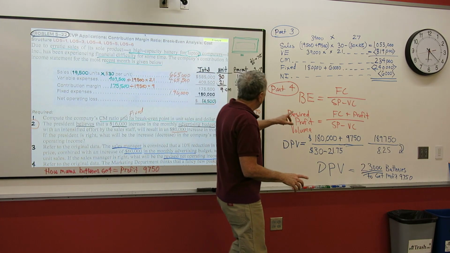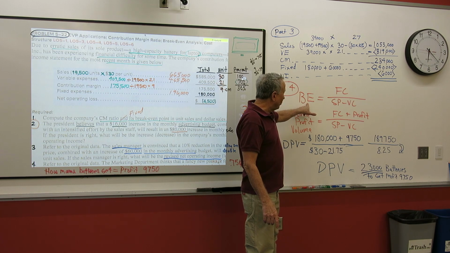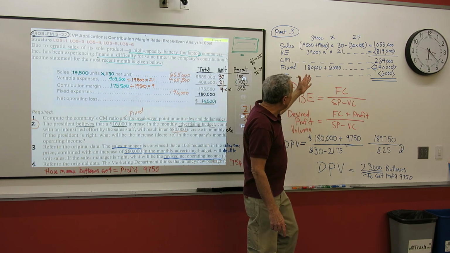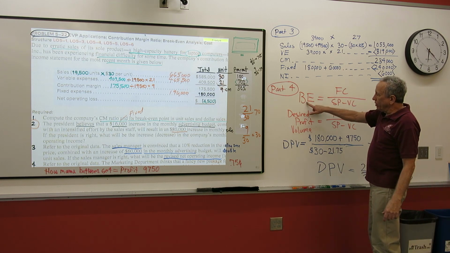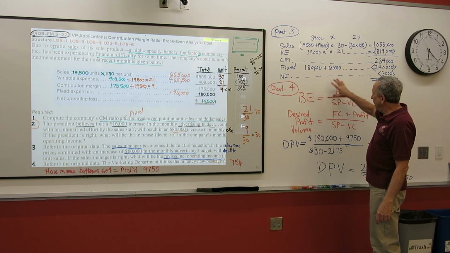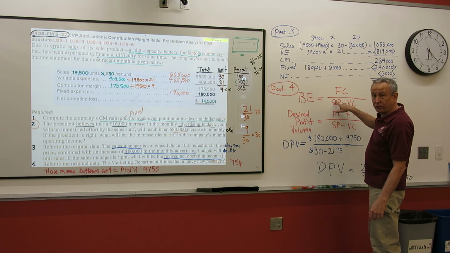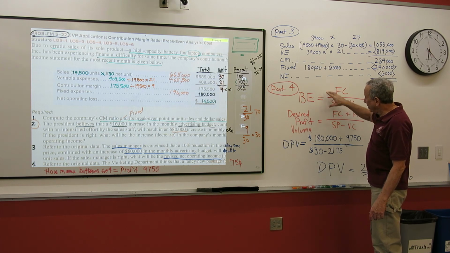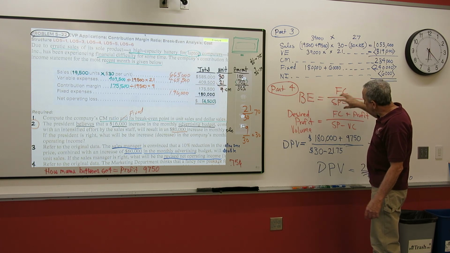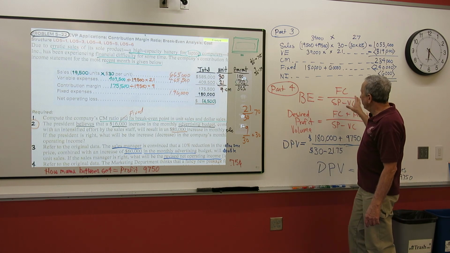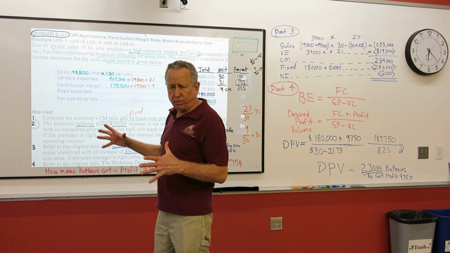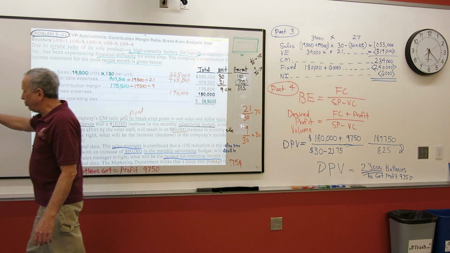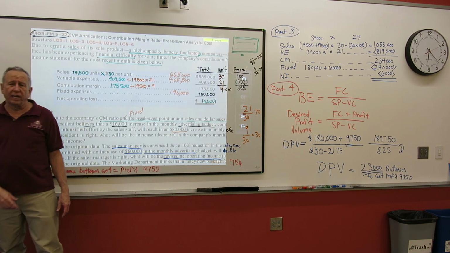I'm going to say, what would happen if we know we can only sell, in this case, I don't know how many batteries were said, let's say 21,000, and I give you fixed costs, I'm going to have you solve for selling price. If we know the volume is going to be less, what do we have to do to the selling price? That's in problem 516 where we use cross multiplication to solve for that.